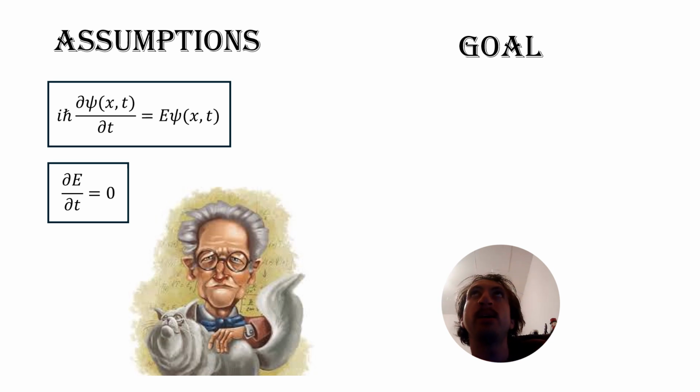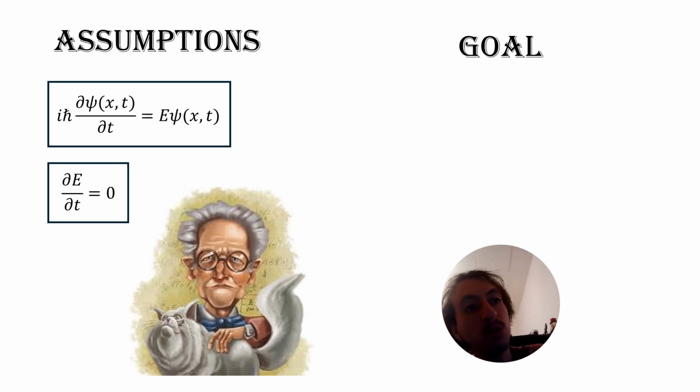So that could be because the particle is experiencing a force, but that force isn't varying with time. So we have a time-independent potential. But an even more specific situation is where the particle isn't experiencing any forces at all. So where the potential is zero, such as for a free particle.